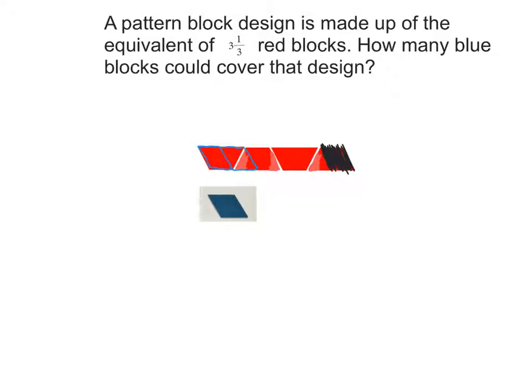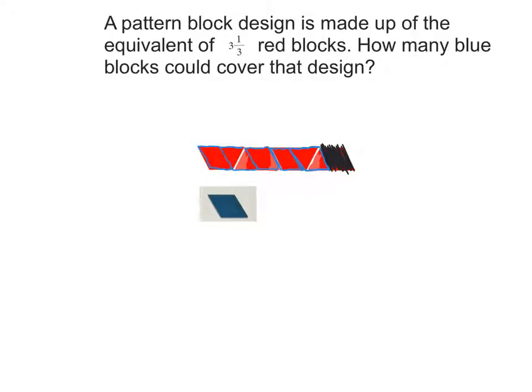So there would be 2. Then I'd have 3. Then I would have 4. Sorry, my drawings aren't very good, and finally we would have 5. It would take 5 of the blue blocks to cover the same design.